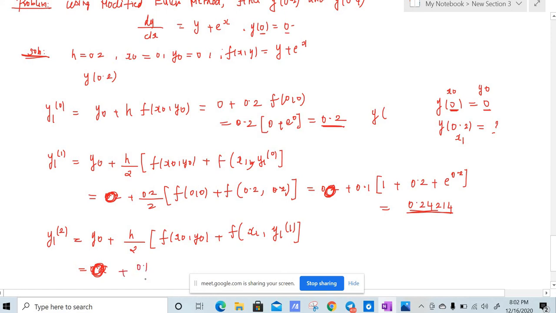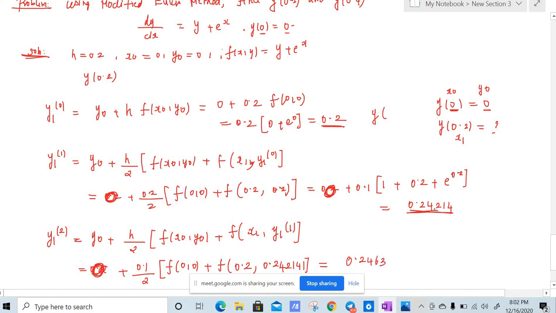So this is 0.1 divided by 2 into f of 0 comma 0 plus f of x1 is 0.2, y1 of 1 is 0.24214. So again you can easily find f of 0 comma 0. So it is 0 plus e power 0, and this is 0.24214 plus e power 0.2. So you will have y1 of 2 is equal to 0.2463.